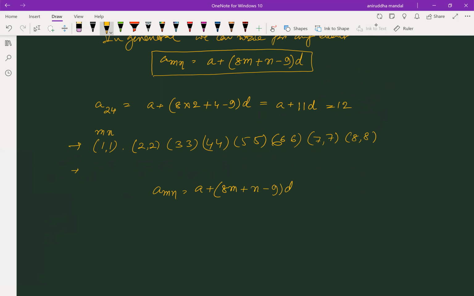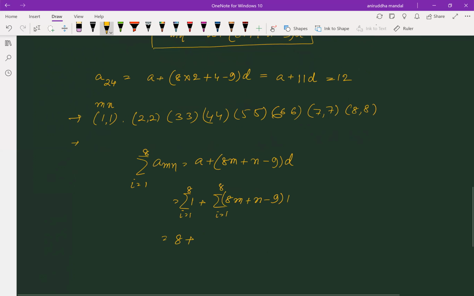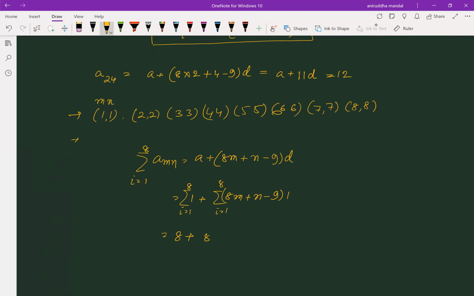So what it means is, we have to simply add these numbers. So if we add these numbers, this must be 240. So let us add. So sigma from 1 to 8, put a as 1, d as 1. So 1 plus sigma, then this is 8m plus n minus 9, and d is 1. So from sigma 1 to 8, this is 8 going outside, so sigma m, so m is n into n plus 1 by 2, so 8 into 9.